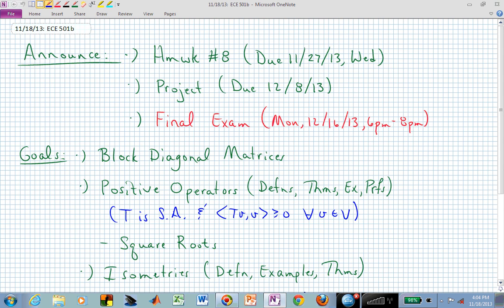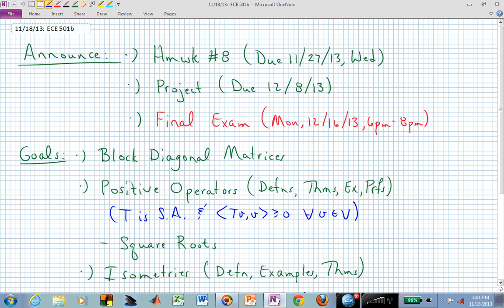Then we will talk about positive operators, which means that if you have a linear map T that is self-adjoint, and when you form its inner product with any vector v in your vector space, the inner product of Tv with v gives you a non-negative result, then you have a positive operator. That's what we mean by an operator being positive.